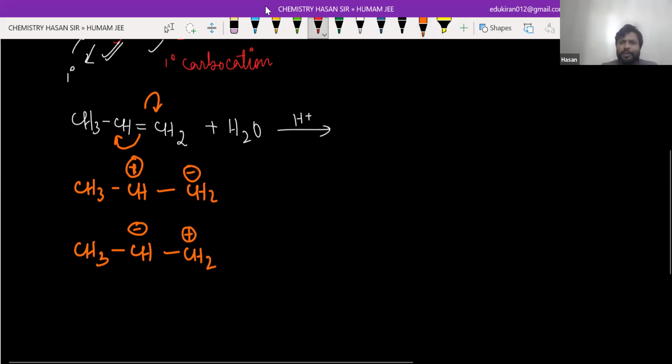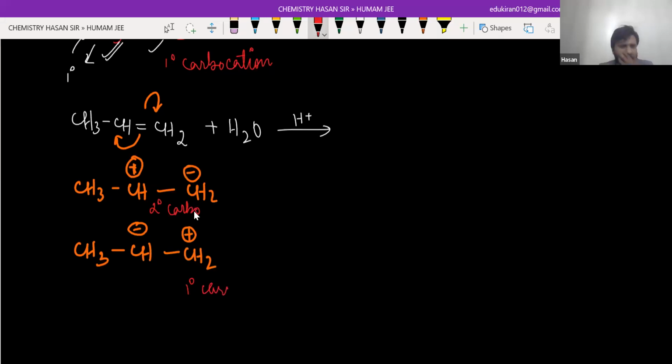Which one is more stable? This one is a 2 degree carbocation, so it is more stable, and this is a 1 degree carbocation, which is less stable. In the 2 degree carbocation, the electron-deficient carbon gets support from two sides, while the other gets support from only one. So we will move with this one.